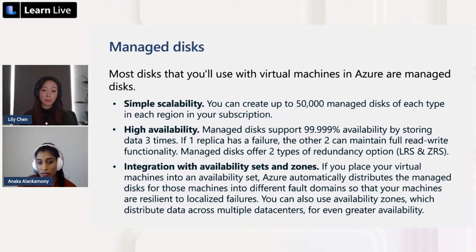An easy way to think of this is, let's say you have an application that runs using 2 VMs. Azure will place it in 2 different fault domains so that when one fault domain faces any failures, then only one VM goes down and the other is still up and running. Integrating managed disk with availability set means that managed disks for these VMs will also be stored in different fault domains.